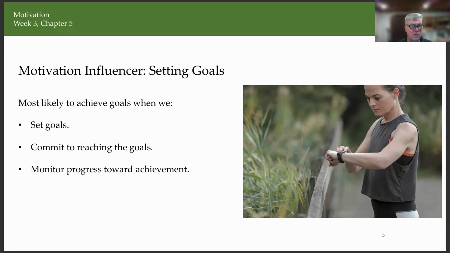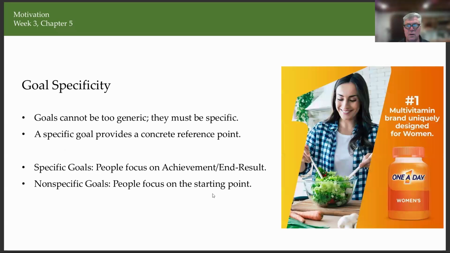A lot of times we set goals, and not just us, but consumers in general, but don't really commit to reaching them. We may commit to reaching them, but don't do anything to monitor. So when you're influencing consumer behavior, you want to give the consumer the ability to do all three of these.